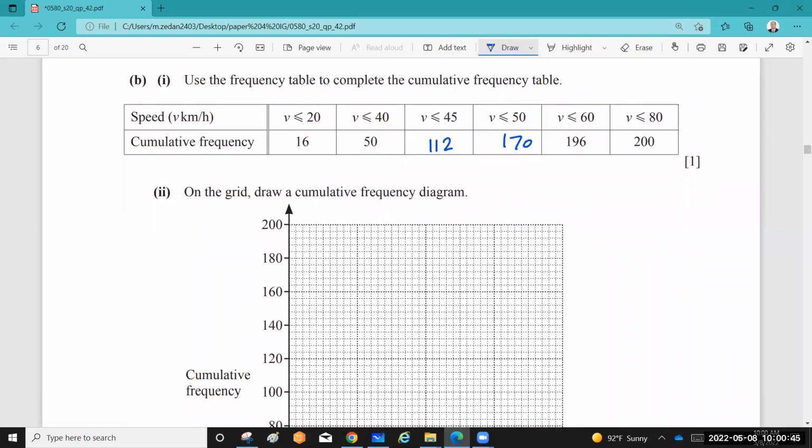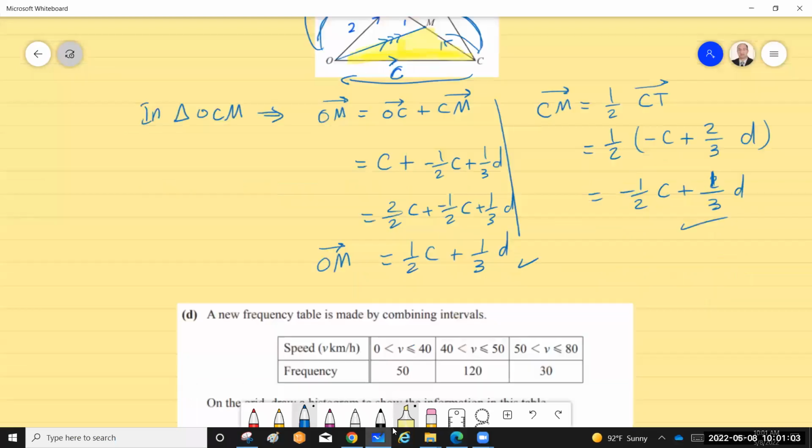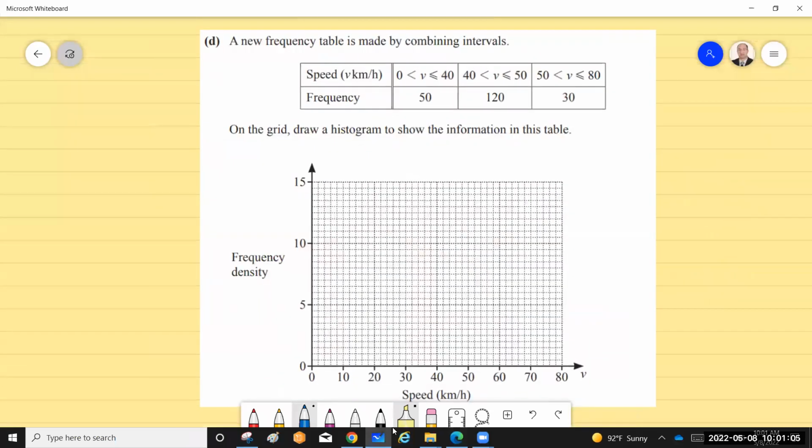On the grid, draw a cumulative frequency diagram. To draw the cumulative frequency diagram, you just plot the upper bound of each class with its cumulative frequency, like this. This is a question here. This is the second part.